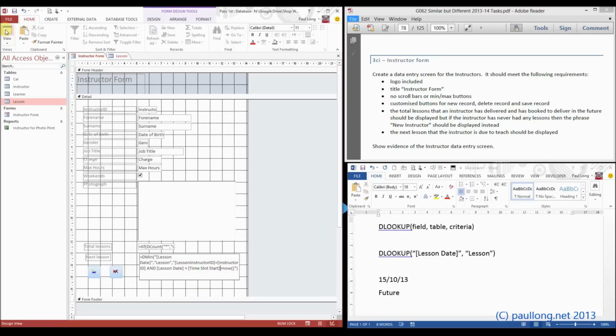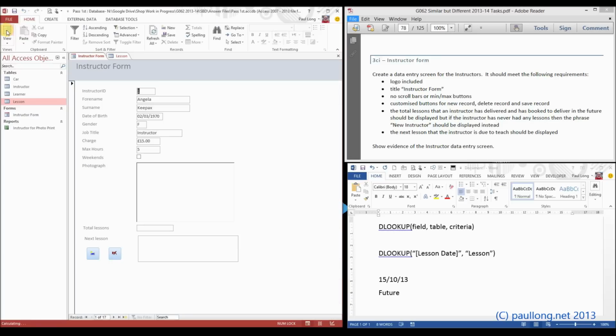Now we're going to have a look at this and see what it comes up with. We'll go to number 17 and there is today's date, 15th of the 10th 2013, because 15th of the 10th 2013 at 1600 is after the current time, which is 15th of the 10th 2013, 12:43 p.m. Therefore it's now finding the next record.